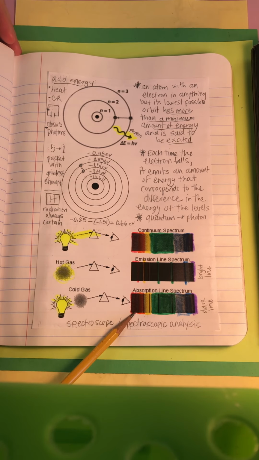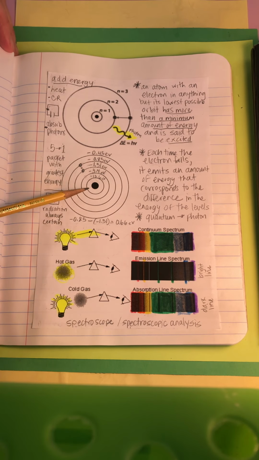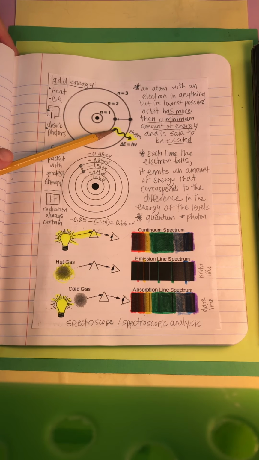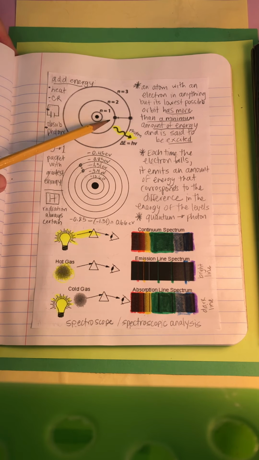Now, what that means is, think of this gas here as these Bohr models here. So I've got this little gas, and then I'm shining this light onto it, and when I'm shining this light onto it, it's absorbing some of those frequencies, some of the photons coming at it.